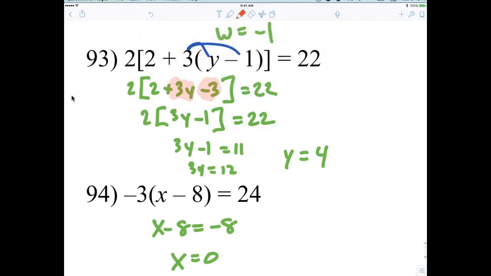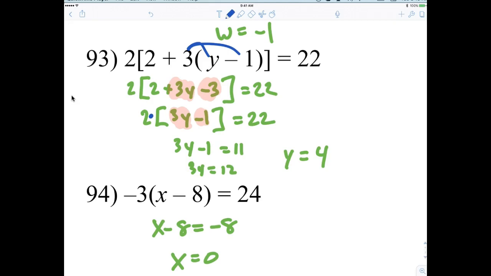Then you combine terms, so that's 3y minus 1. Now, this is held together by multiplication, so I could easily divide by 2. Or you could distribute, but you would get the same answer. So I just divided by 2.